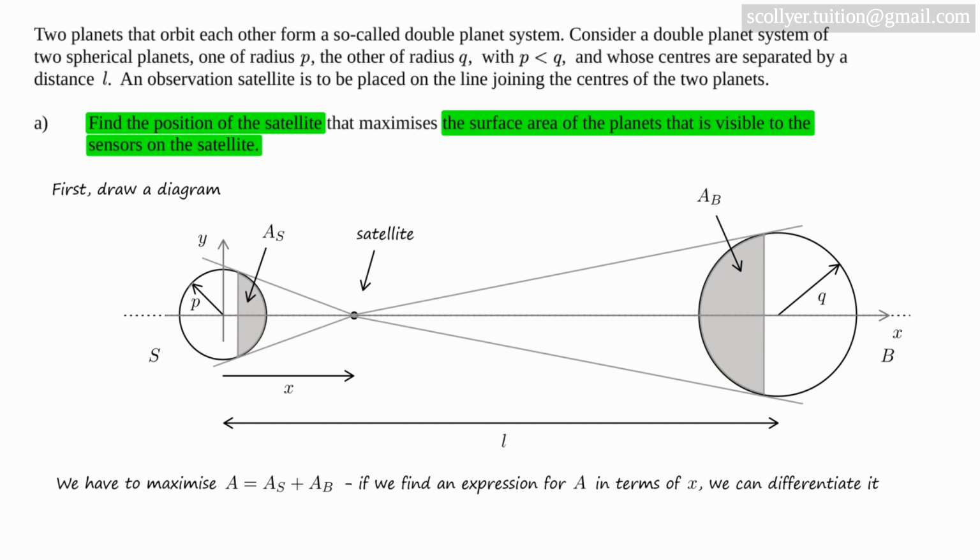Now we have to maximize A, which equals AS plus AB, and if we can find an expression for A in terms of x, we can differentiate it and thus find a maximum.